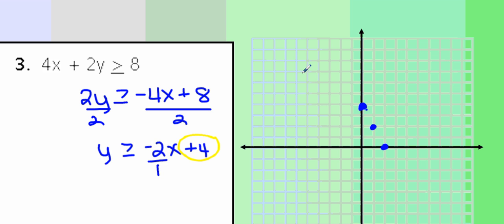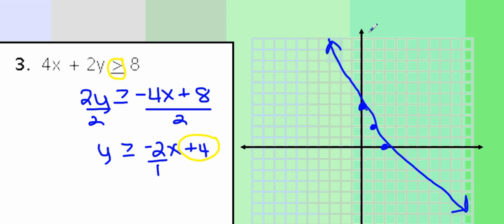I again have the greater than or equal to symbol in my problem, which means I am allowed to connect all of my points together using a solid line as opposed to a dashed line. Hopefully your lines are turning out much straighter on your graph paper than mine are. And next, we can't forget to shade our graph.